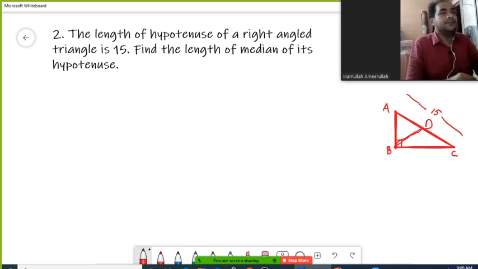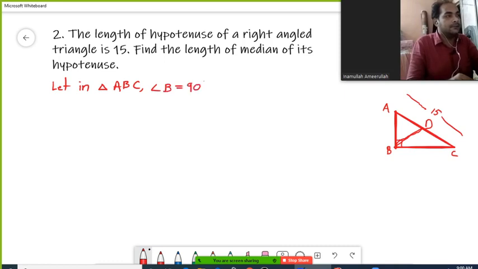We have discussed the property of the median drawn in a right angle triangle from the right angle to the hypotenuse. It is half of the hypotenuse. So here, in triangle ABC, angle B is 90 degrees.